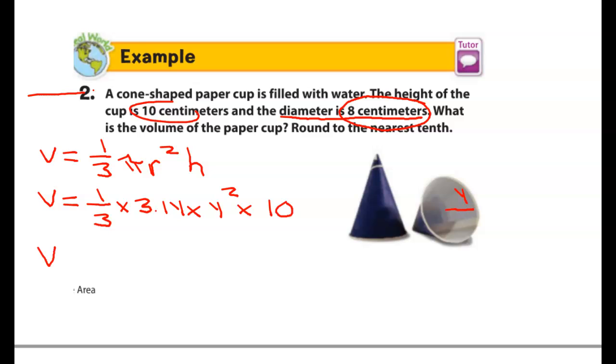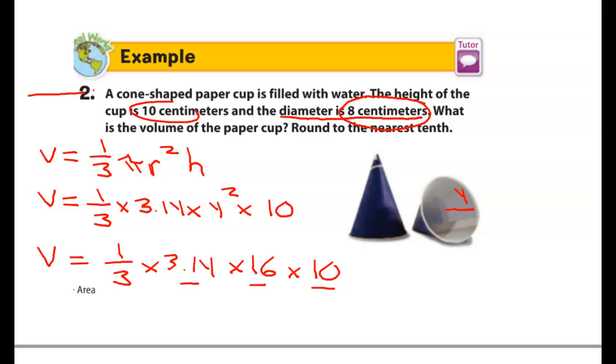So then the volume is just going to be 1/3 times 3.14 times 16 times 10. So what you guys will do is, in your calculator, you can put in 3.14 times 16 times 10, and then just divide that by 3.